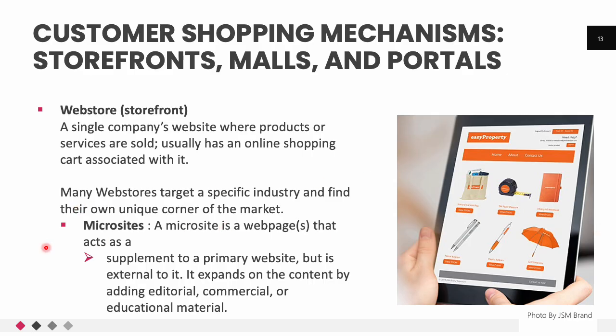Okay. So microsites is one of the types of the web stores. It's a small separate web page or set of pages linked to a main website but with specialized content. And why are they using this kind of microsites? Because they want to run promotions.